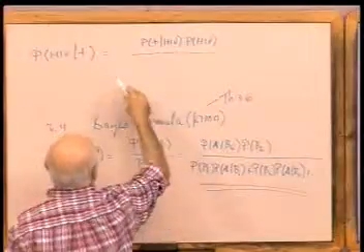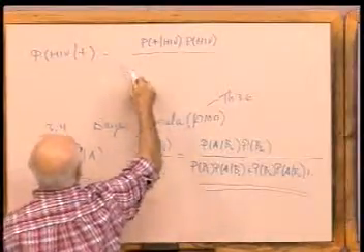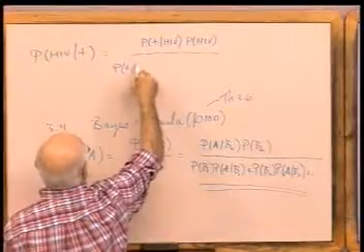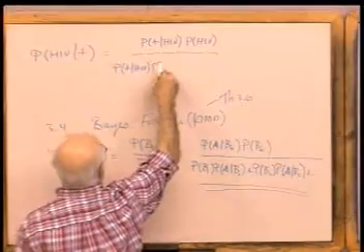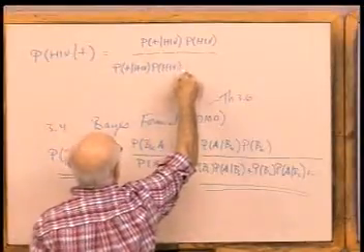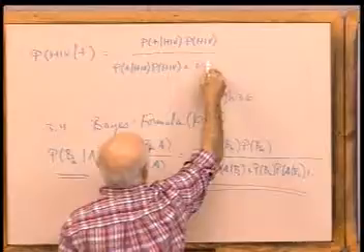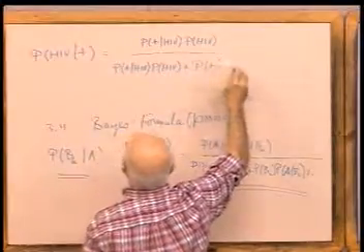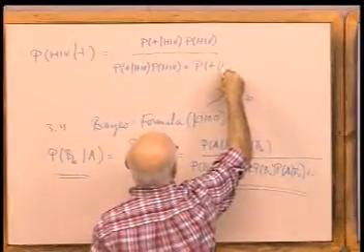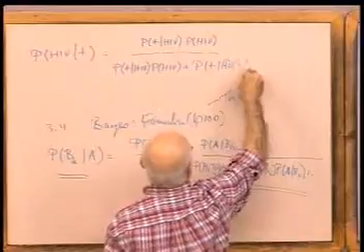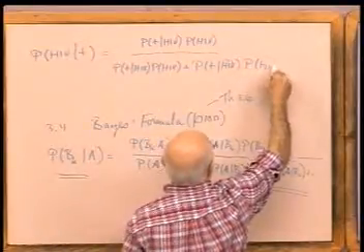And in the denominator, I have the probability of positive given HIV times the probability of HIV, plus the probability of positive given no HIV times the probability of no HIV.